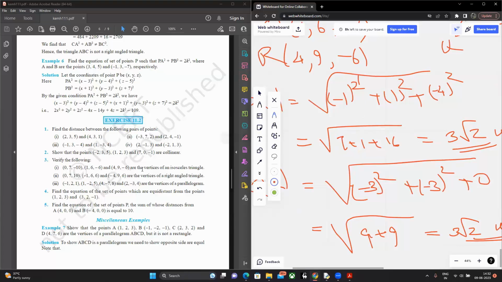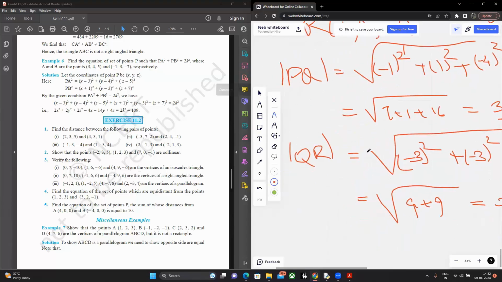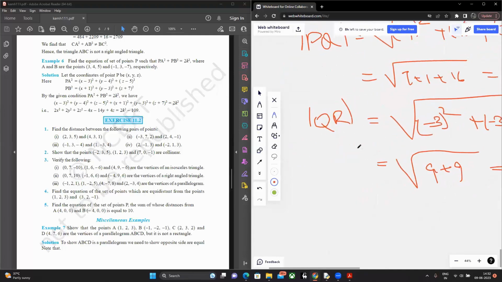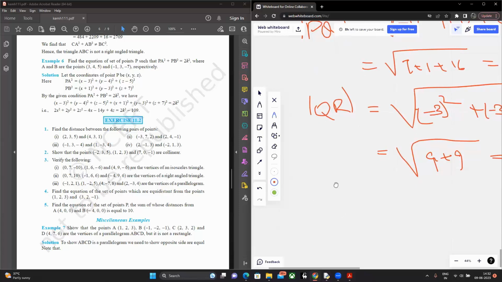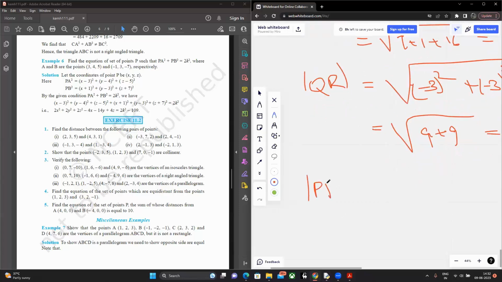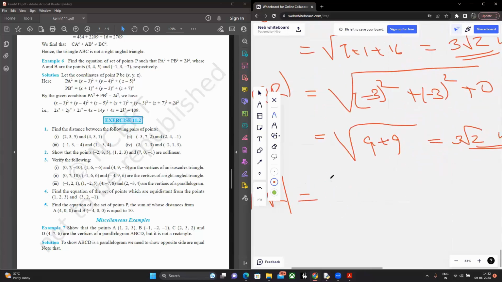Now I don't need to check for PR because I know that PQR is going to be a triangle. Oh wait, no, I don't know that PQR is going to be a triangle. All right, so I have to find PR because I know that PQ is equal to QR, but I don't know that PQR forms a triangle. So I'll find mod PR, that is going to be square root of 0 minus 4, that is minus 4 the whole square, plus you have 7 minus 9, that is going to be minus 2 the whole square, plus you have minus 10 minus 6, that is going to be minus 4 the whole square, right?